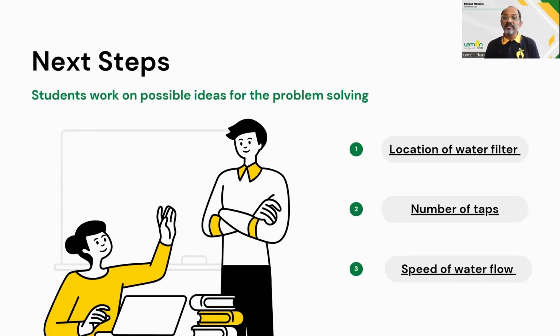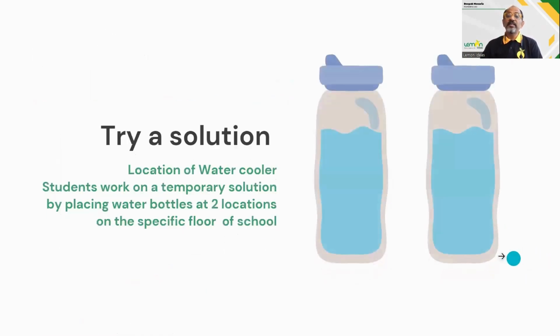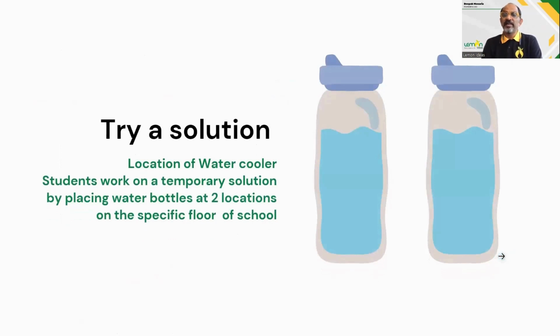So they started working on these possibilities, and then they decided, okay, let us identify one possibility in terms of solution. If the location of the water tap is a problem where children are losing a considerable amount of time, what can be done?